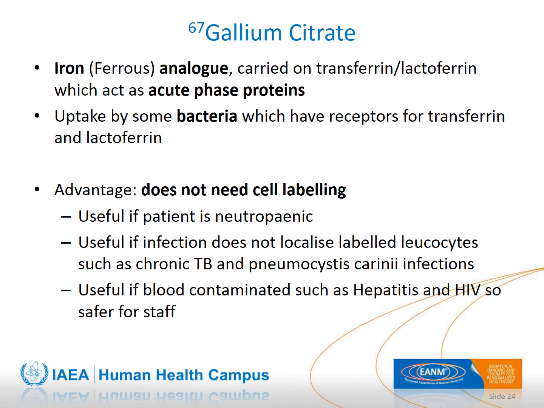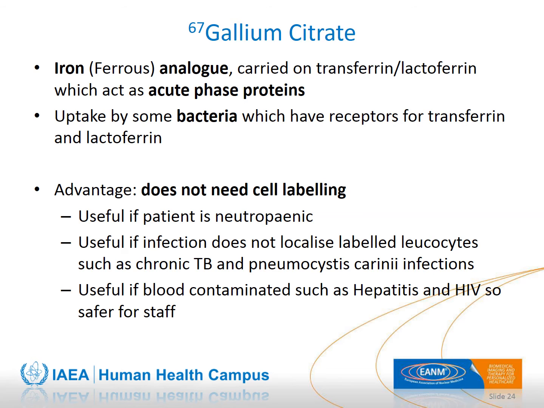Gallium citrate is a ferrous or an iron analog which is carried on the transport proteins transferrin and lactoferrin. These interestingly act as acute phase proteins or inflammatory mediators and hence do develop in areas where there is acute inflammation.